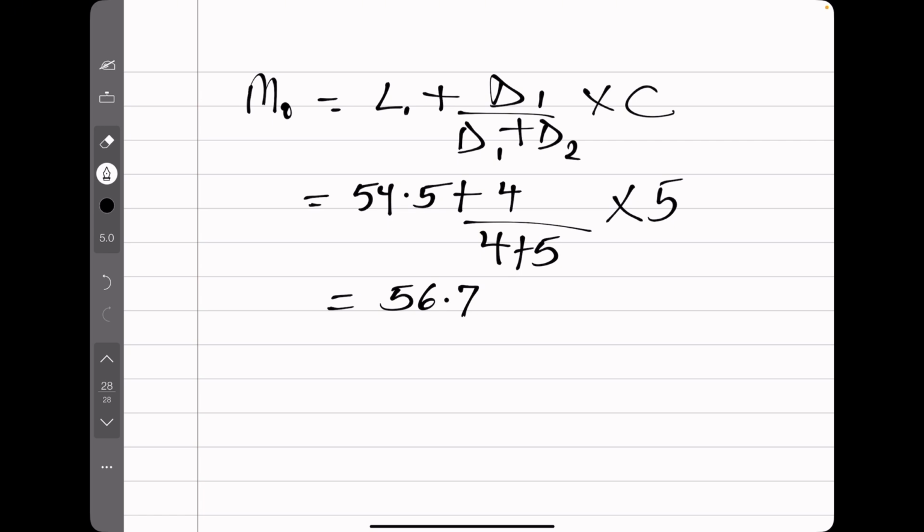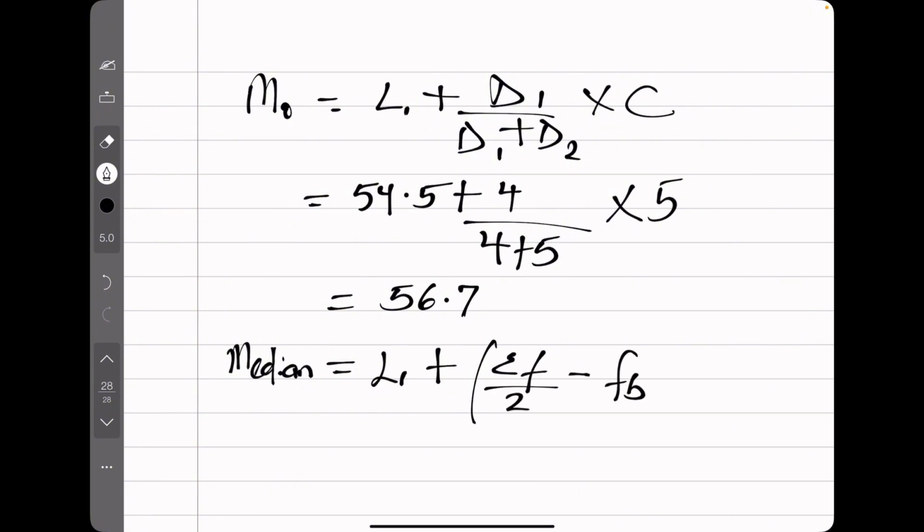Going to the next, we have the median. We have calculated all these things before, just revising them before we dive into what we have for today. For the median you have L1 plus summation f over 2 minus FB, that is the cumulative frequency of the class before the median class, over the frequency of the median class, times the class size.